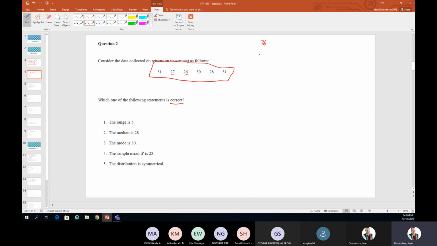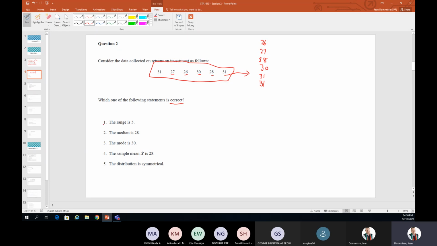Next one is 27, then 28, then 30, then a 51 and another 51. So that is those numbers from small to large, or minimum to maximum. Then it is a bit easier to analyze.